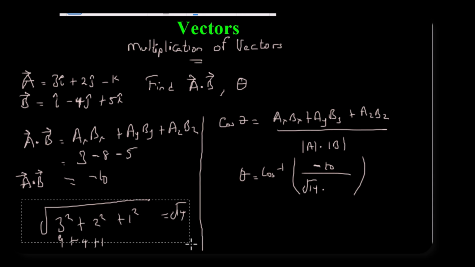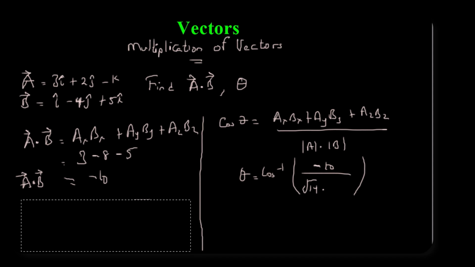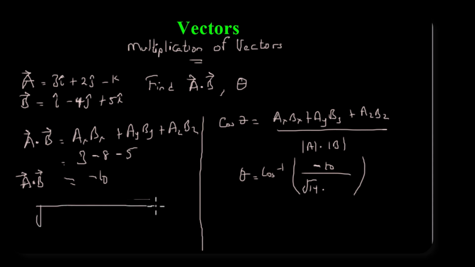So the B magnitude will then be square root of 1 squared plus 4 squared plus 5 squared. So 1 squared, that's 1. 4 squared, 16. 5 squared, 25. So this is equal to root 42. So B is root 42 here.